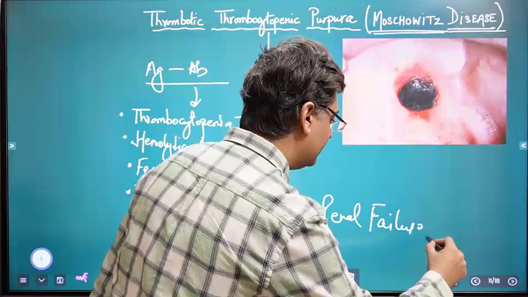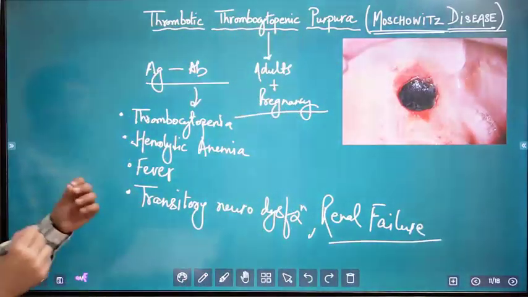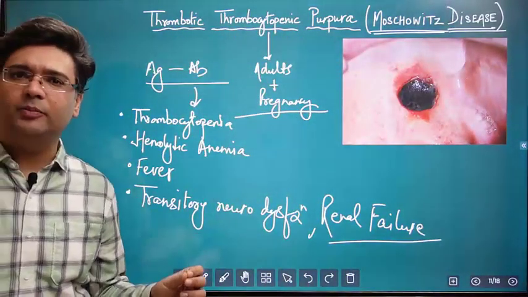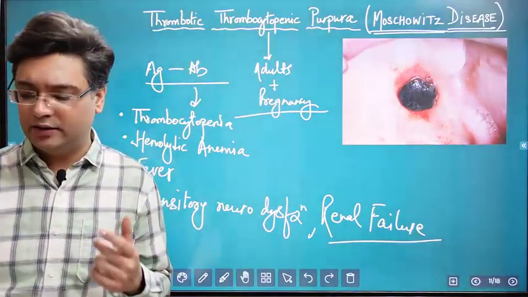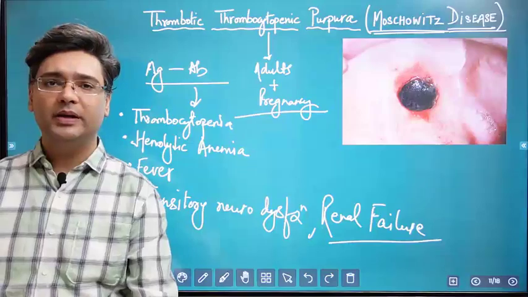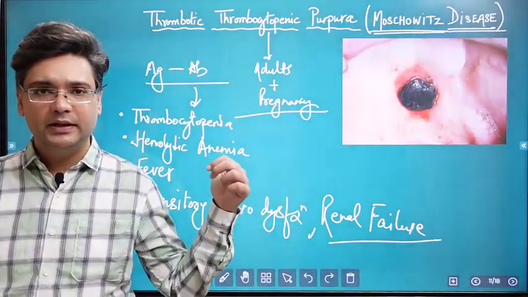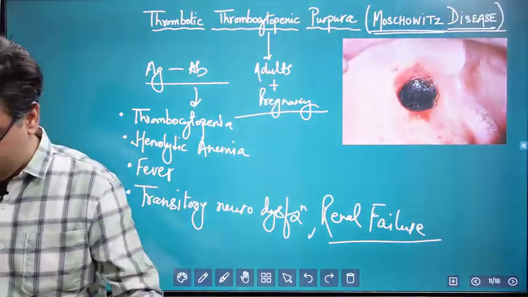So many things are happening here because of thrombotic thrombocytopenic purpura, and this is a more complicated disorder as compared to primary thrombocytopenia, which was Werlhof's. This is having more serious effects.